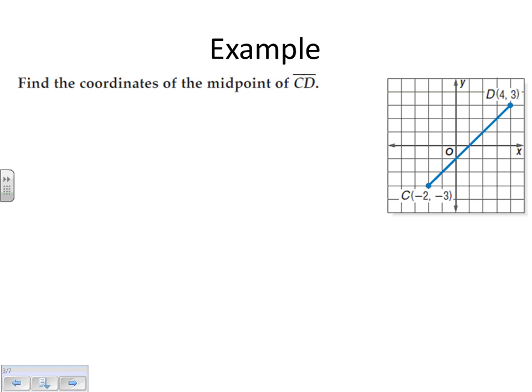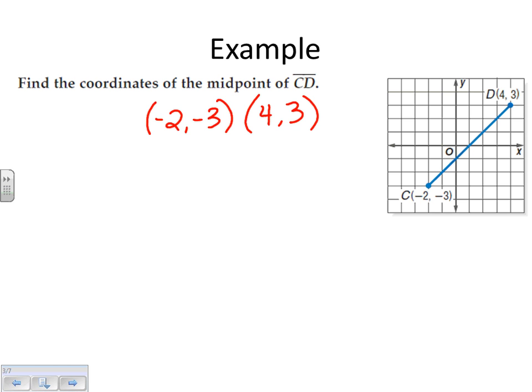All right, so first of all, we're going to find the coordinates of midpoint CD. Okay, so here I've got CD, and my C is at point (-2, -3). D is at (4, 3).